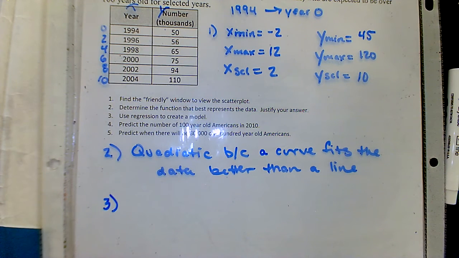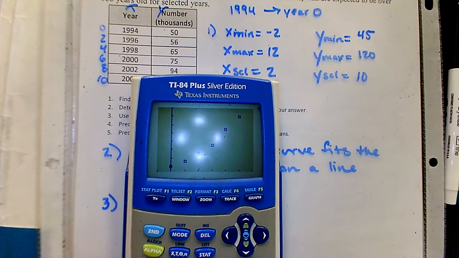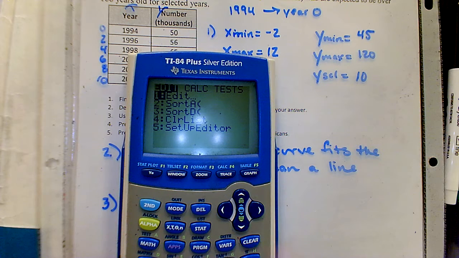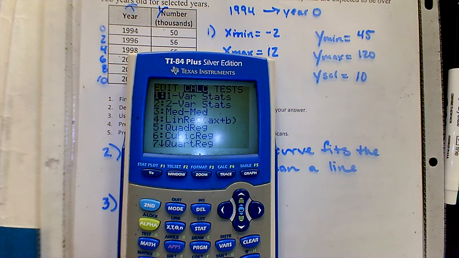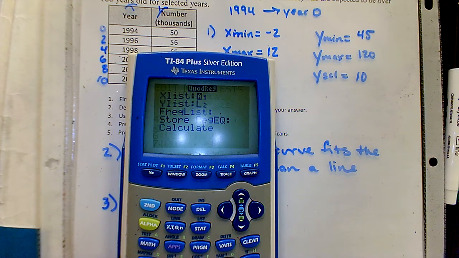All right, now that we know which model or equation would be best, we're going to let the calculator find that for us. So back to the calculator. We're going to hit Stat, scroll over to Calc, and if we said a parabola or a quadratic equation would be best, which option should we pick? 5, QuadReg, right?